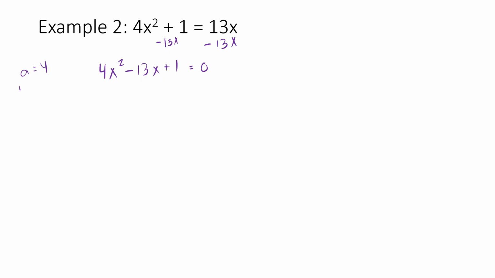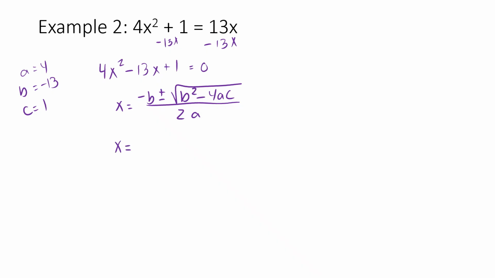A is equal to 4, B is equal to negative 13, and C is equal to 1. And just a quick little caution, make sure that you're grabbing that negative with that. All right, here's my formula. X is equal to the opposite of B plus or minus the square root of B squared minus 4AC all over 2A. It did not take me super long to write this, so make sure you're going ahead and writing that correctly each time to get it locked in your head.